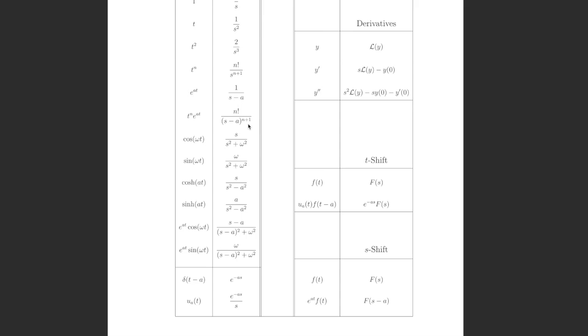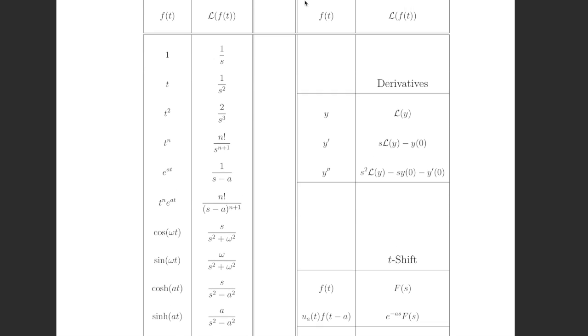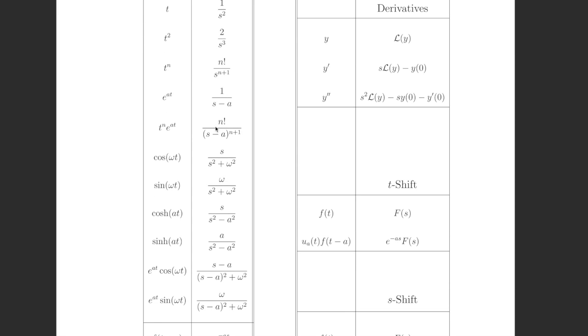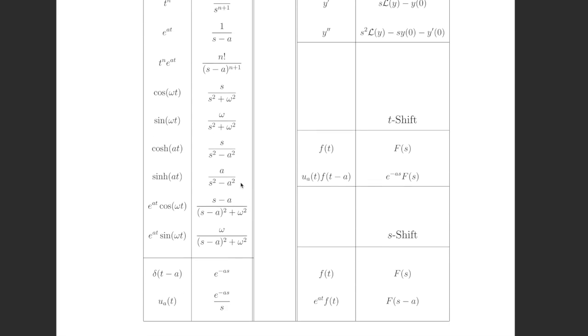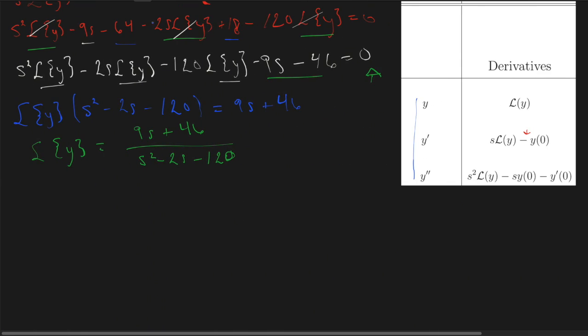So let's go look at our Laplace table. So we have our Laplace table right here, Laplace transformations, and we see that there's nothing that really matches our Laplace transform. So let's play around with this function right here, this Laplace transform. And we see that we can factor the bottom.